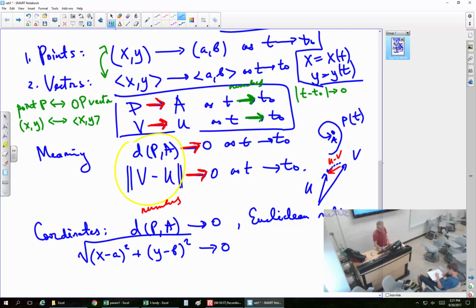Here, P is (x, y). It is a point, a variable depending on t possibly. And A is that fixed point (a, b). And what we're saying is that as t approaches t naught, P is approaching (a, b).